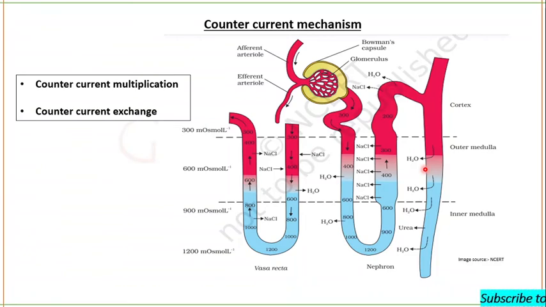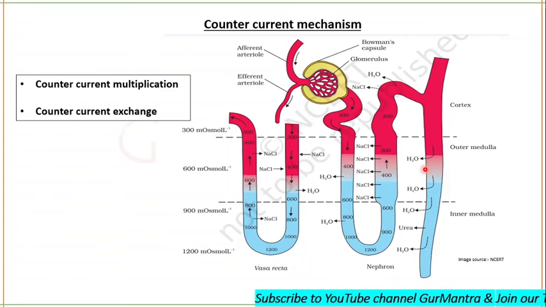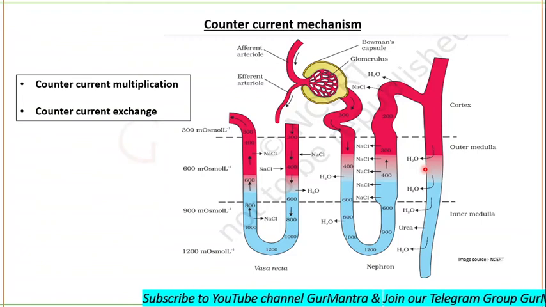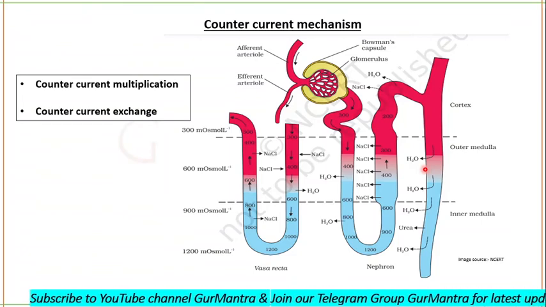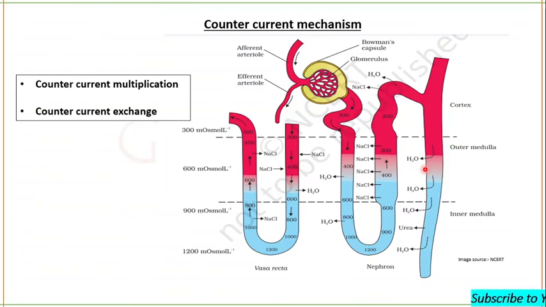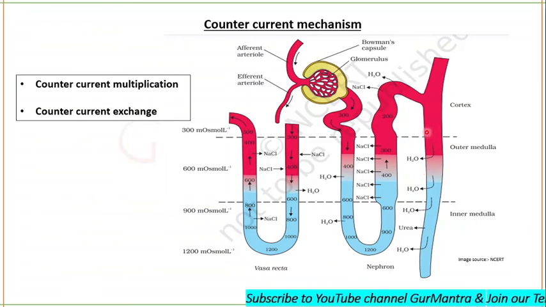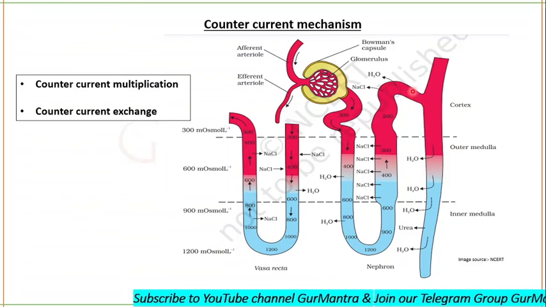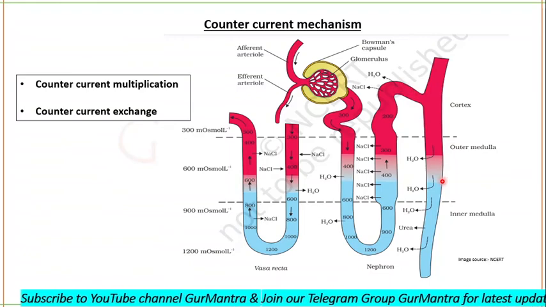Antidiuretic hormone is released from the hypothalamus, stored in the pituitary, and then the posterior part of the pituitary releases antidiuretic hormone. Antidiuretic hormone has its receptor on the late distal convoluted tubule and this collecting duct.